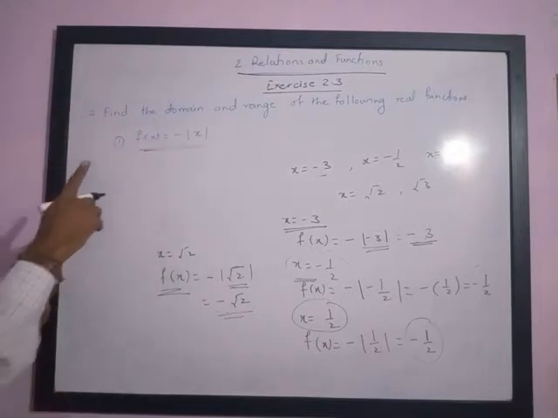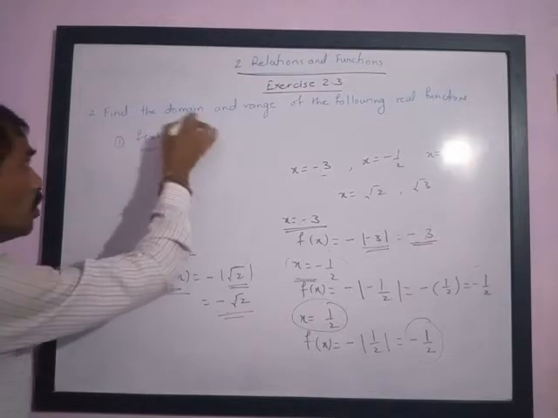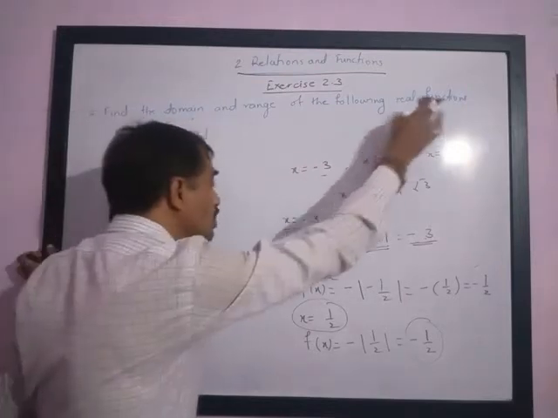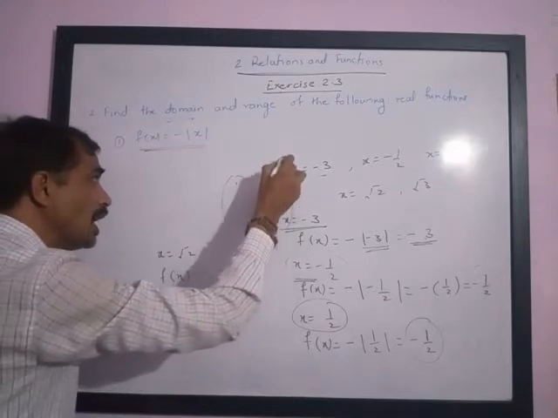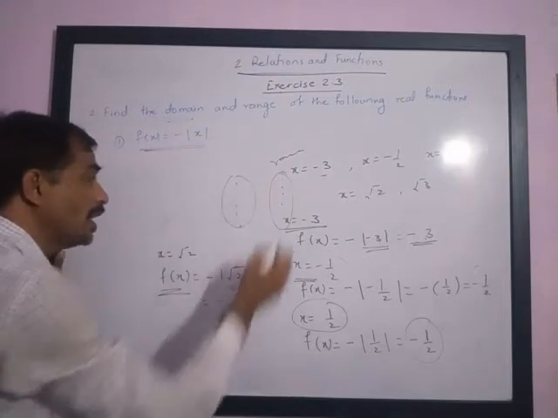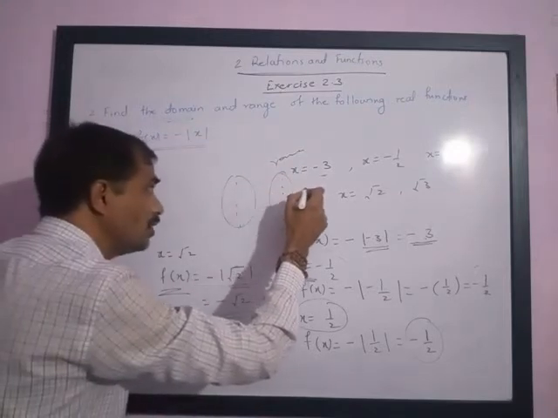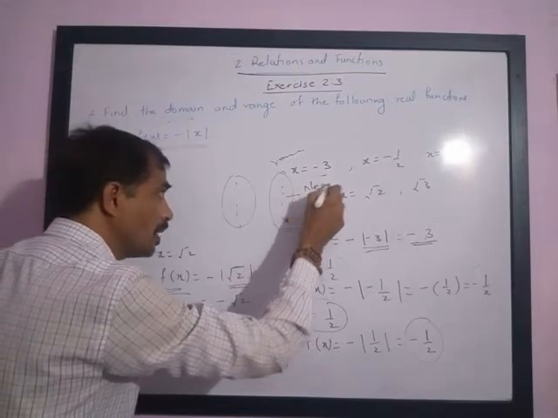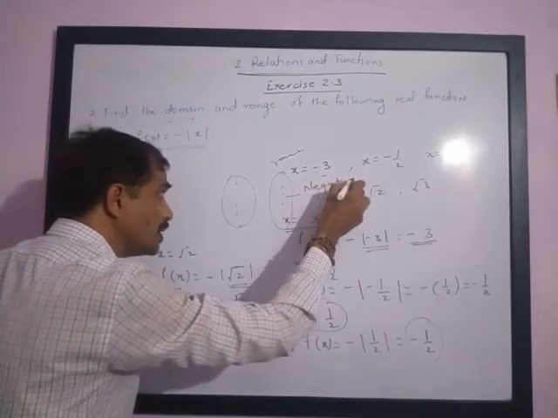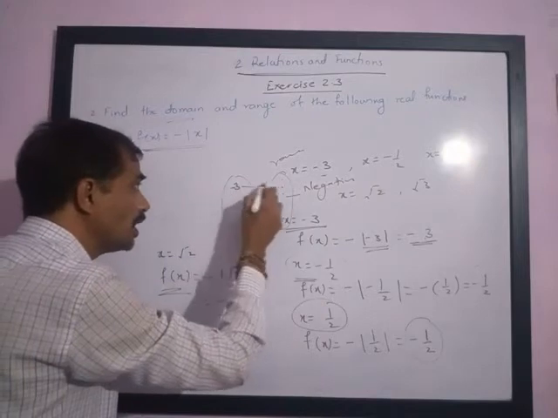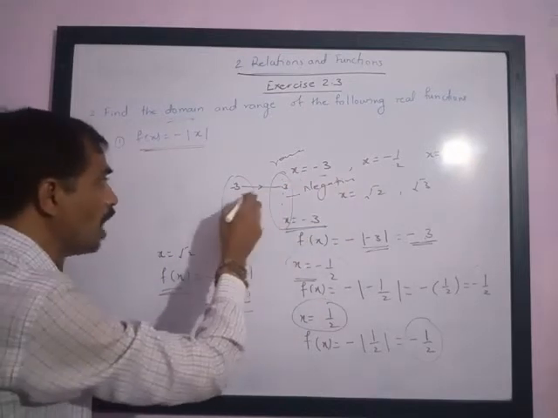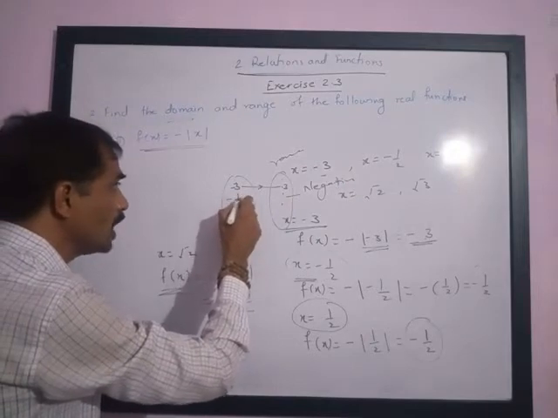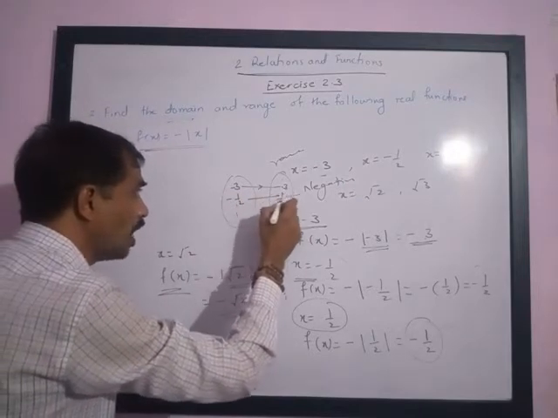It means the domain, we are given, is a real function. So the domain can have all the elements and the range, the second set, will always have negative elements. Here negative 3 is related to negative 3. Then negative half has the image negative half.